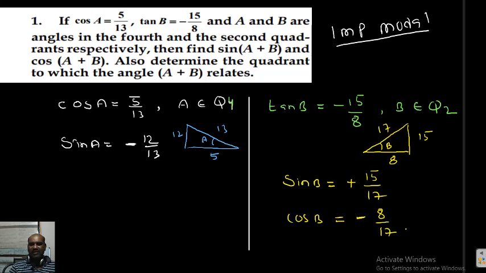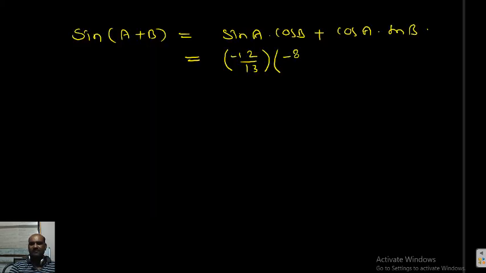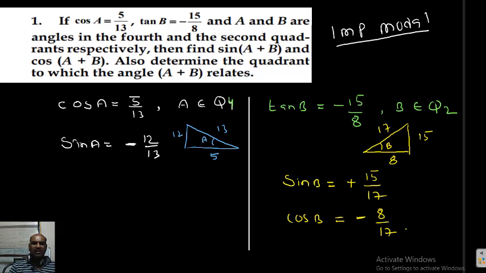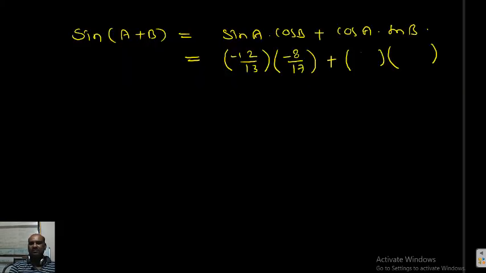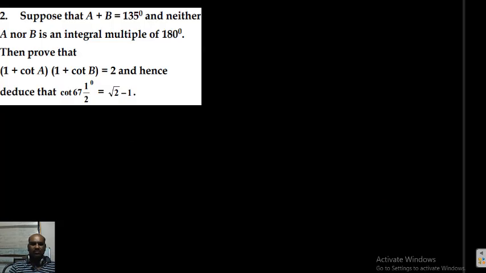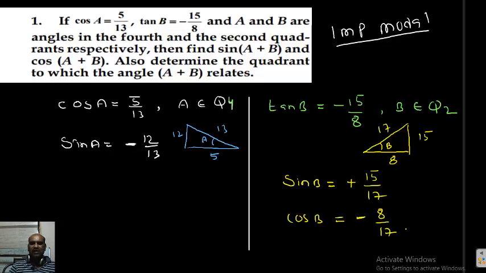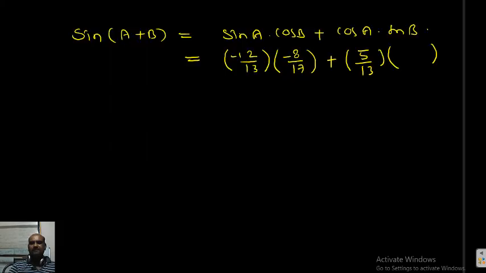Cos B is minus 8 by 17, plus cos A into sin B. Cos A, where is that? Cos A is 5 by 13, into sin B. Where is that? Sin B means 15 by 17.